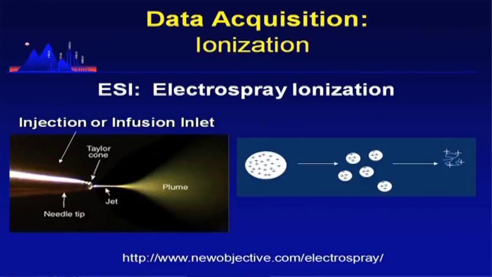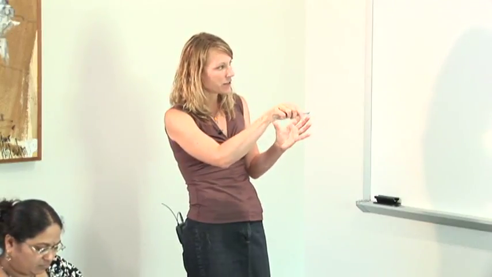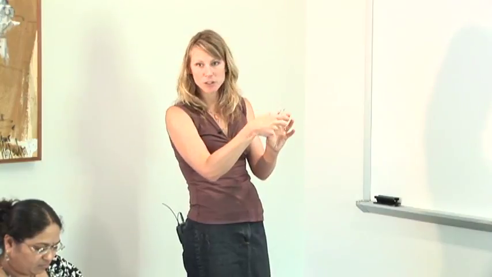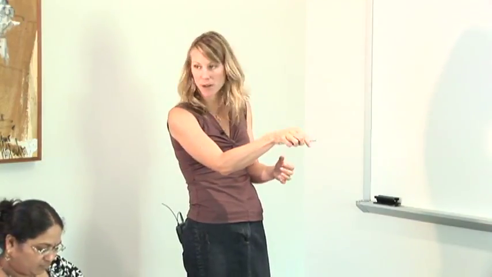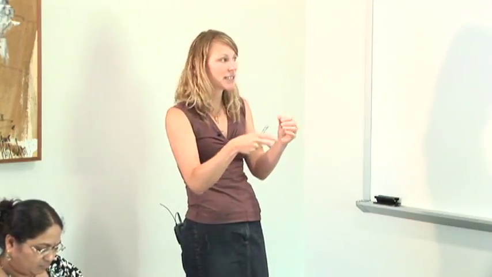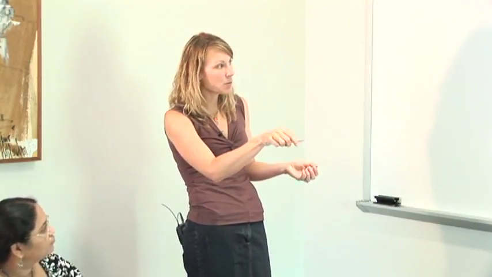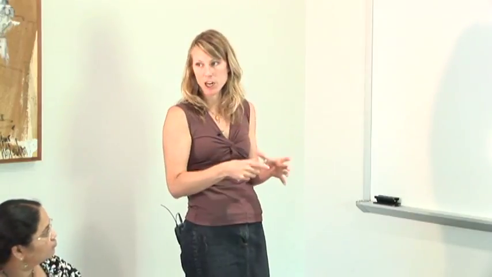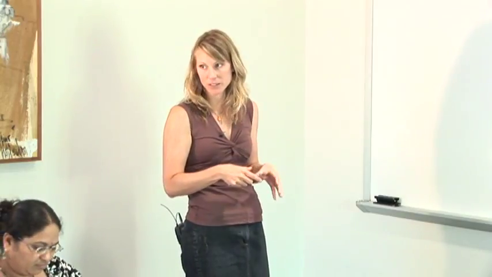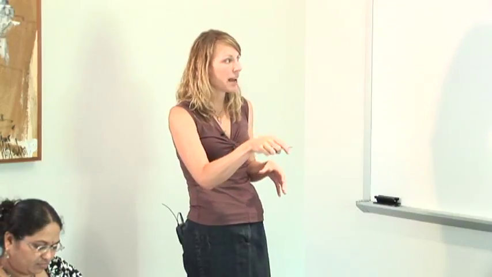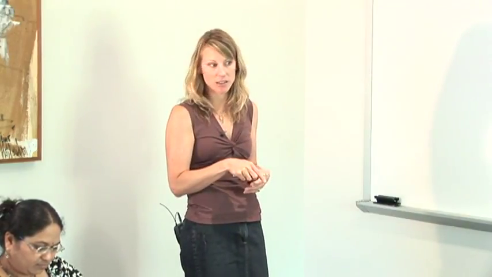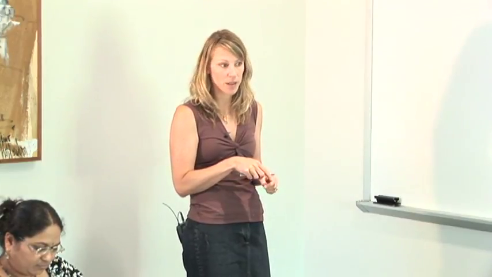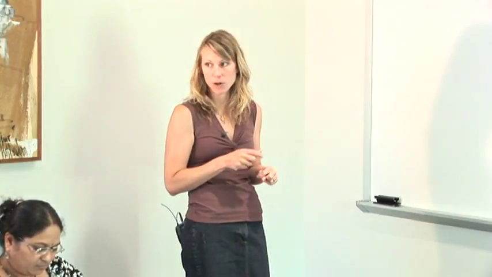As the solvent evaporates, the positive charges on the surface of the droplet get closer and closer until they repel each other, and then the droplet explodes into smaller droplets. This process keeps happening until all the solvent is gone. What you end up with are multiply charged gas phase molecules. Because of how this ionization process works, you rarely see singly charged ions. Almost always 2 or 3, or sometimes 4 for peptides.